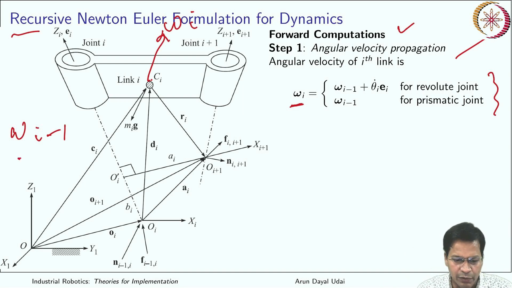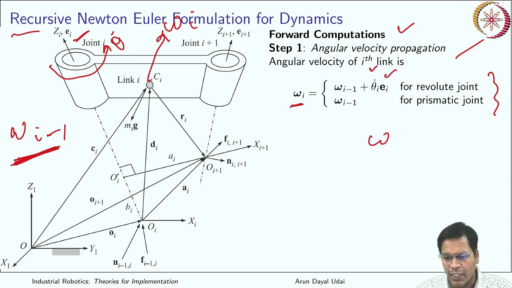So whatever angular velocity comes due to omega_{i-1}, you also have the joint angular velocity. You have theta dot, that is here, and that is along e_i. So if you multiply this scalar theta dot with e_i, this effectively gives you omega_i.